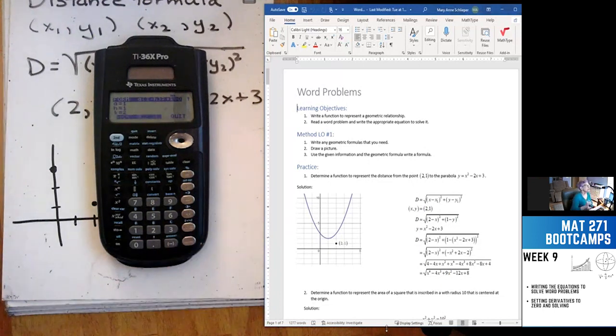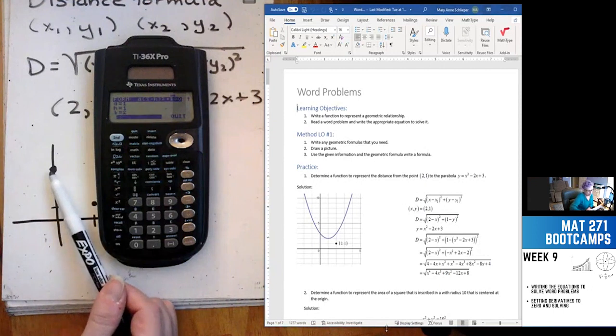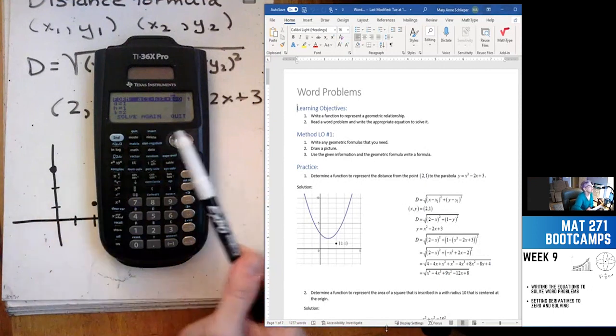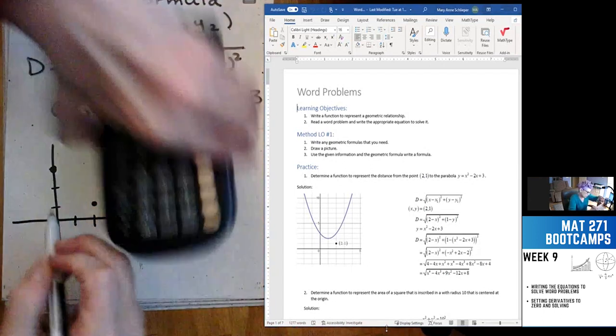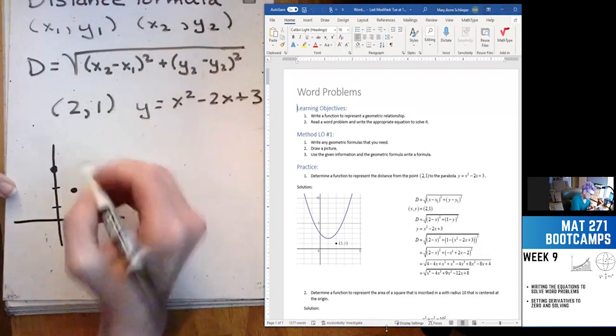And now if you keep pressing enter in here, it writes it in vertex form for you. So you can read off what the vertex of that parabola is. So we know it crosses the axis at 3, and its vertex is at (h, k), so (1, 2).